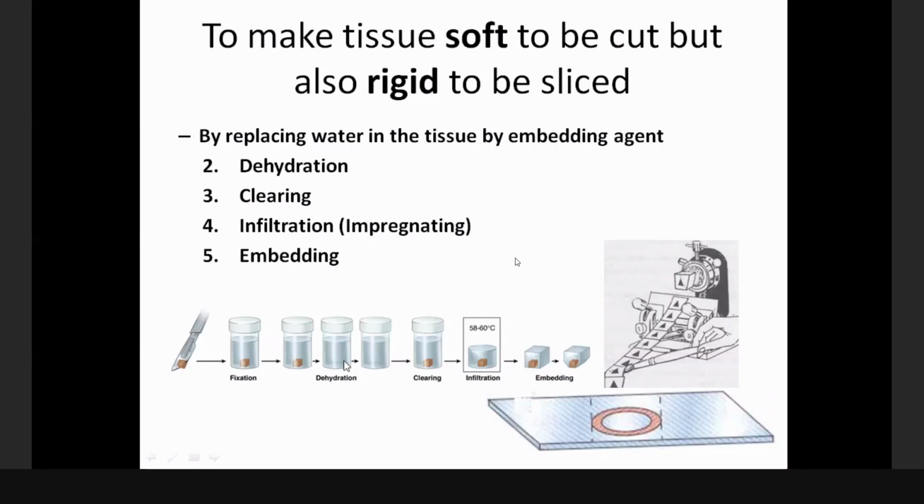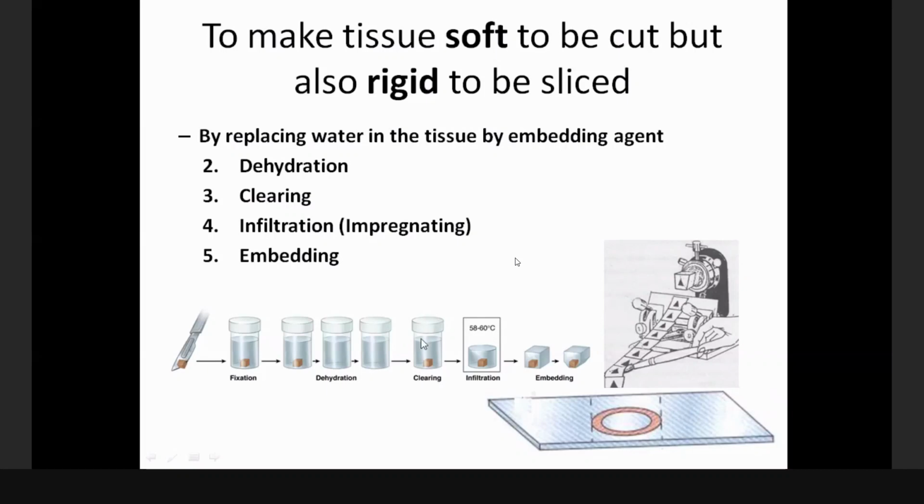Instead, we have to find another chemical that is able to dissolve the wax or plastic, as well as exchange with alcohol. For this purpose, we have different types of chemical, including benzene, chloroform, and the widely used one, xylene.